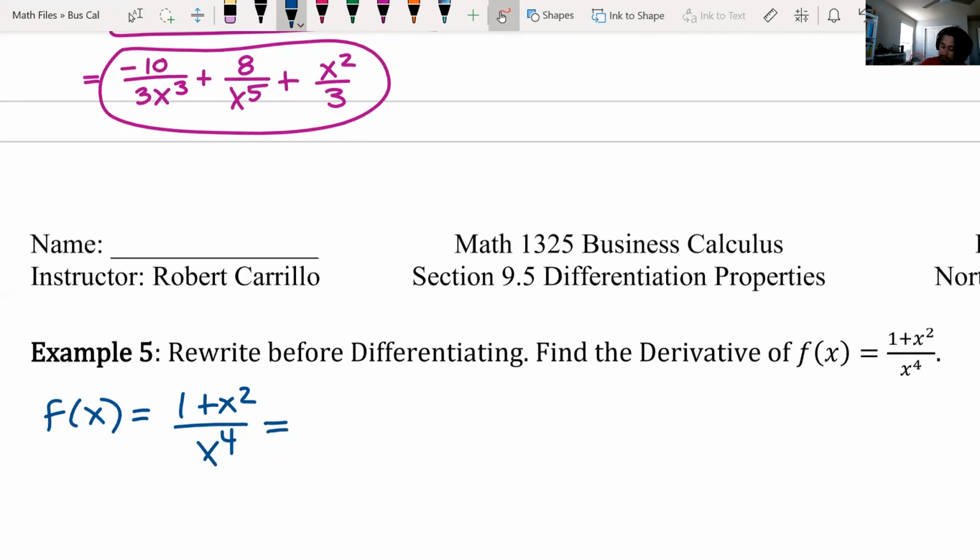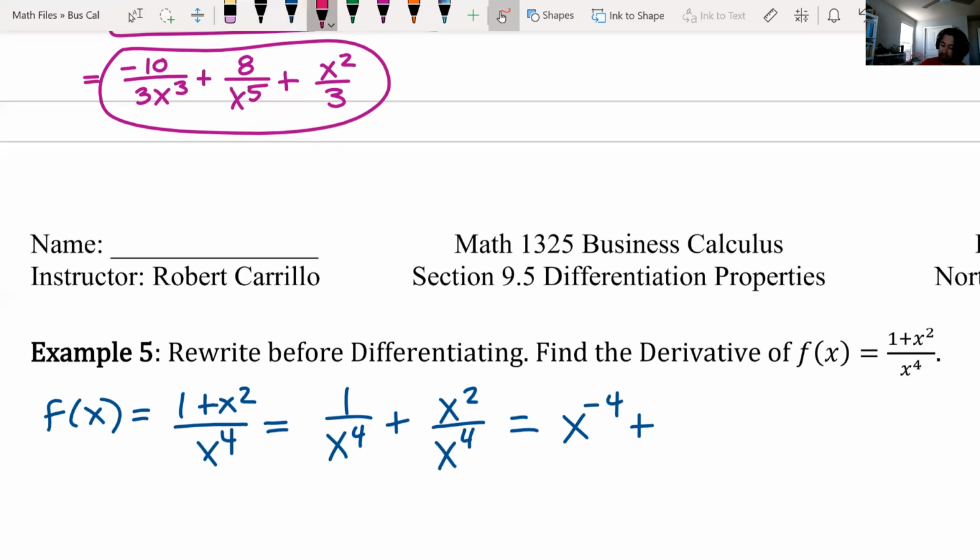I can rewrite this as 1 over x to the 4th plus x squared over x to the 4th. So I rewrite it as 2 separate fractions, which means now I can simplify. 1 over x to the 4th becomes x to the negative 4.